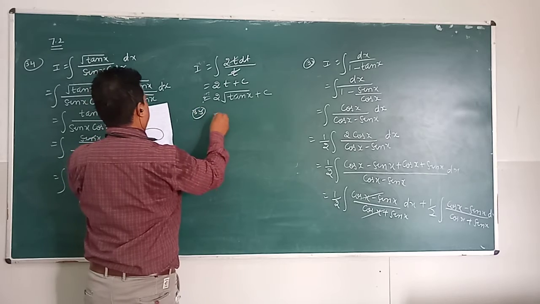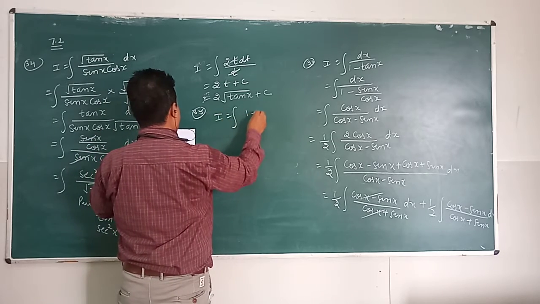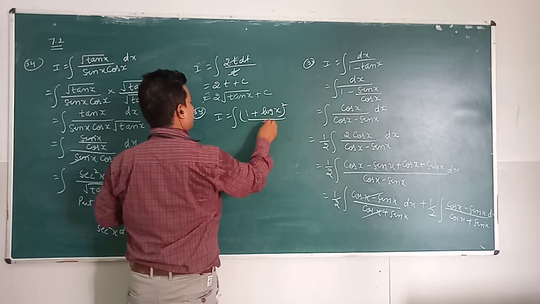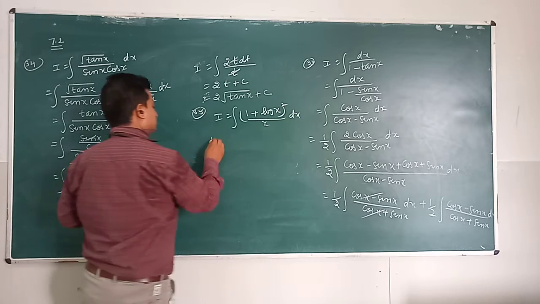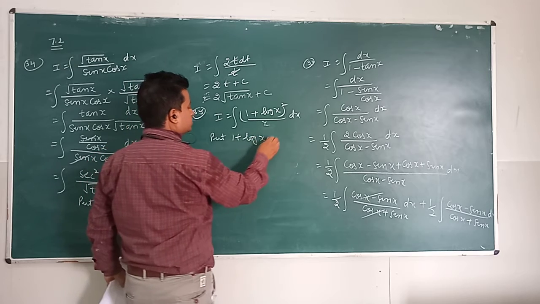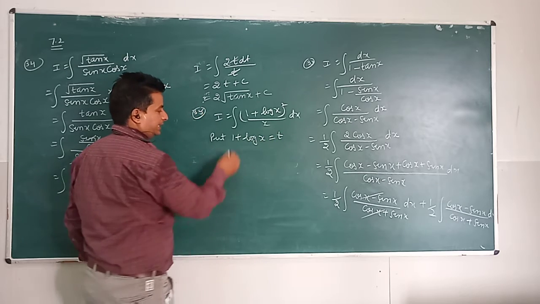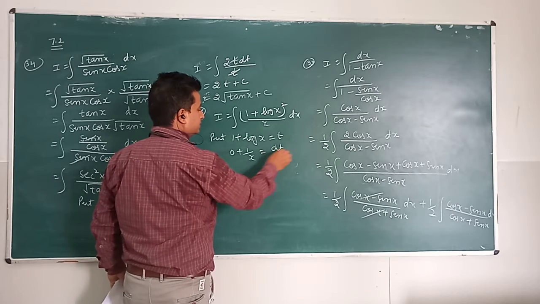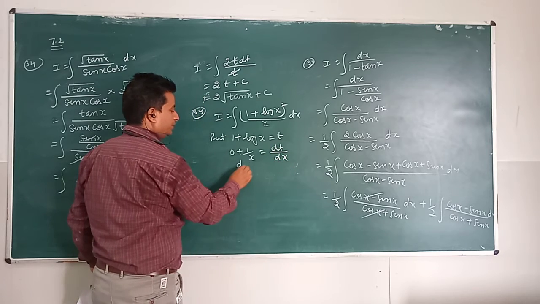In question number 35, the statement is (1 plus log x) square upon x. In this question, first we put 1 plus log x equals t. So derivative of 1 is 0, log x is 1 by x, and this is dt upon dx.